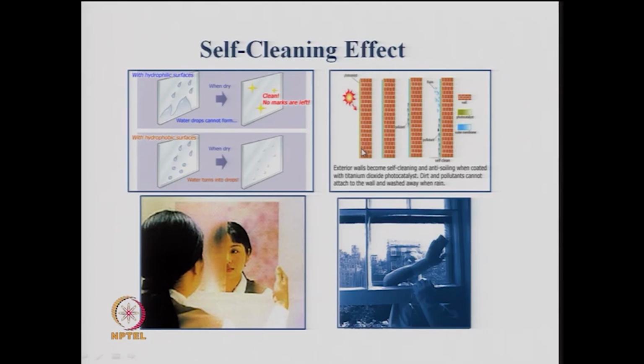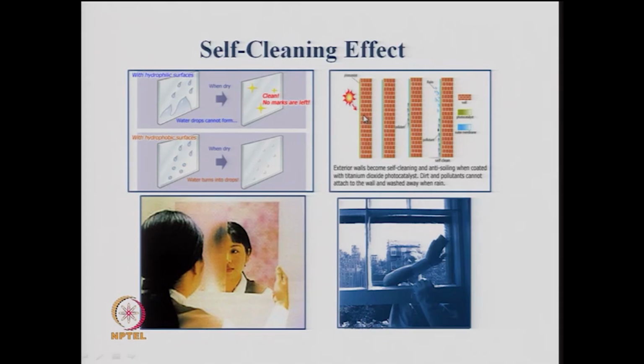Similarly, walls have been painted in several places with the photocatalyst, and they are self cleaning. In the presence of sunlight, the TiO2 becomes active and it removes dirt and pollutants attached to the wall and washes them away. When it rains, all those things attached to the wall will be washed away.